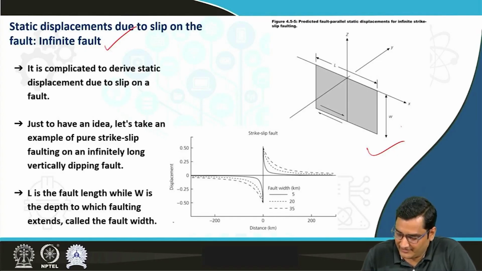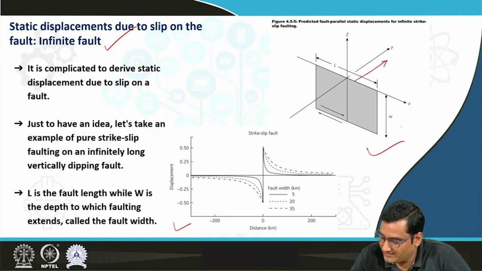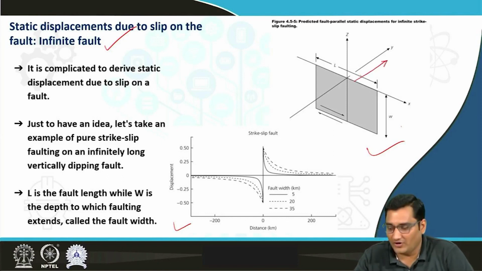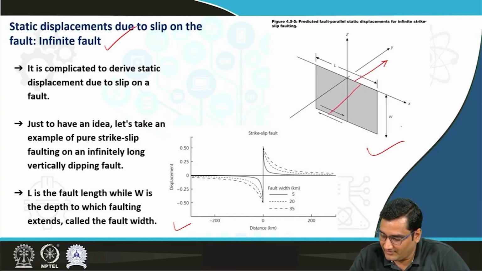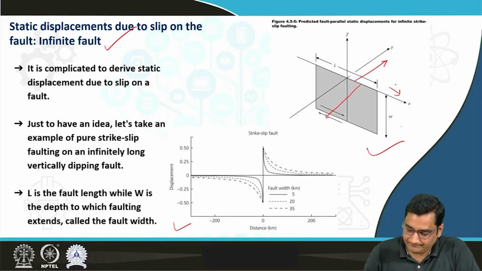In this particular diagram, you can see the static coseismic displacement decaying as you go away from the fault surface. The y direction is representing the distance from the fault, either in this direction or in this direction along y, and the slip is happening along the x direction.